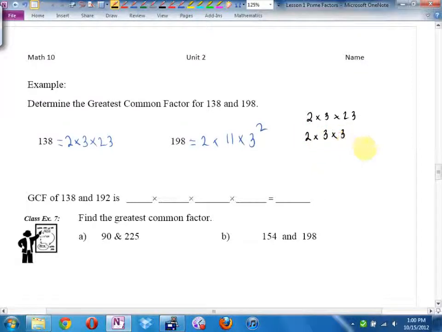I'm going to spread it out times 11. You know what the GCF is? Start pairing up ones that appear in both. One of those. I got 2 3's in the bottom. Do I have a second 3 in the top? No. I got a 23 here. Do I have a 23 here? I got an 11 here. Do I have an 11 up there? You know what the GCF is?